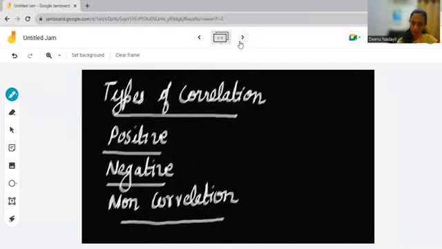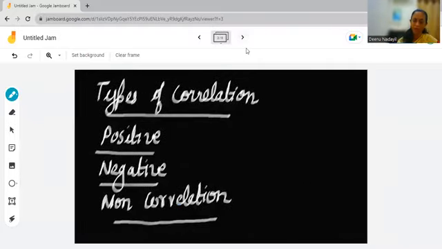Now coming to the types of correlation. What are the different types? We have positive correlation, negative correlation, and non-correlation. What do we mean by positive correlation? If x and y are two variables and they vary in the same direction, then the correlation is said to be positive.